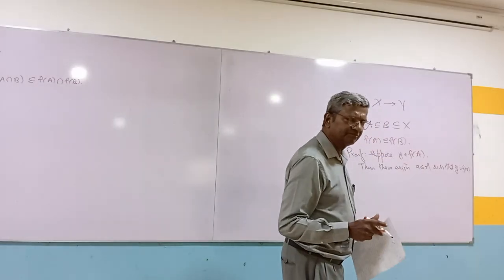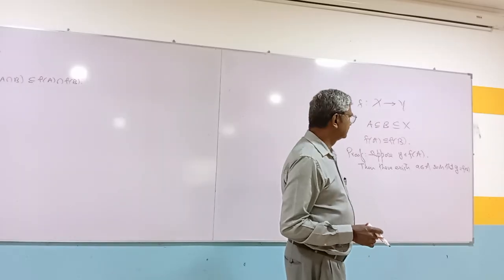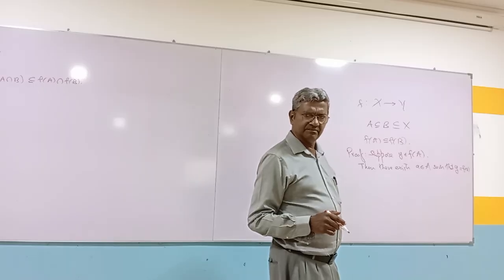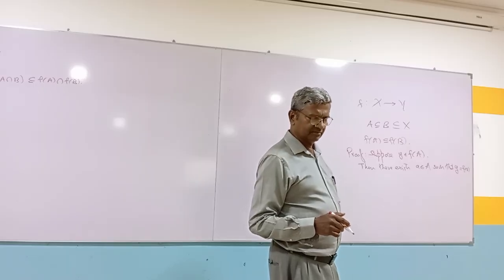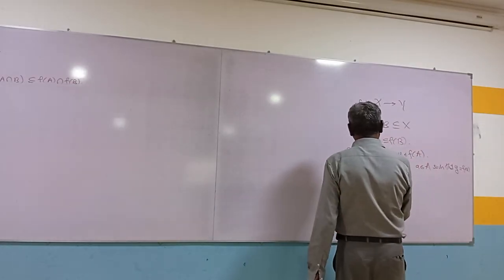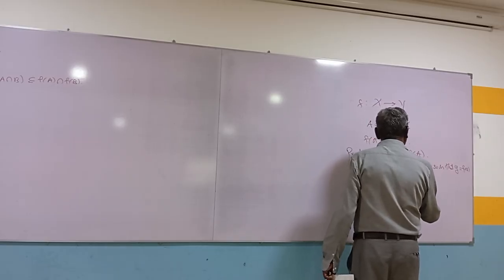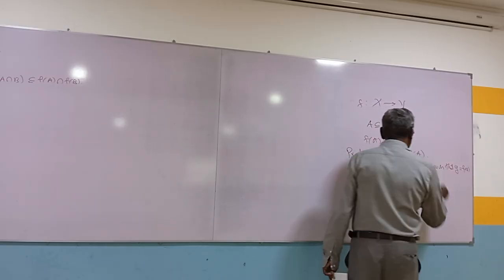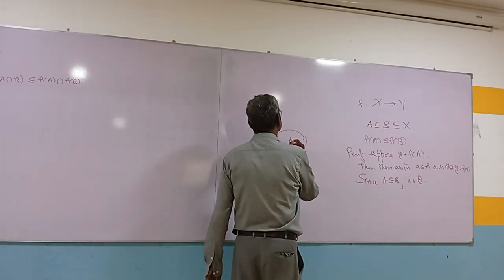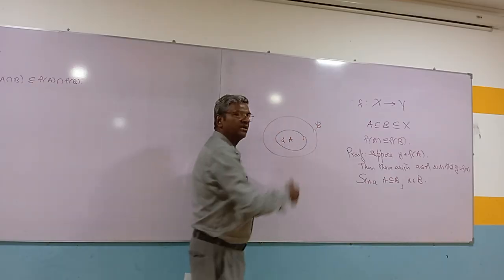Then what can I write? Since capital A is a subset of B, small a is an element of capital B. Here you have A, here you have B. If a is here, a is in B also.